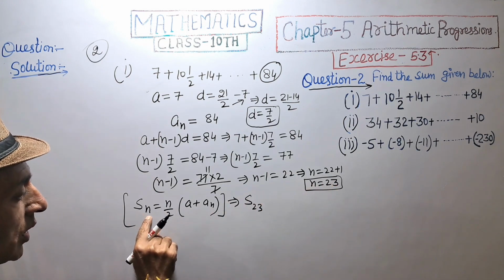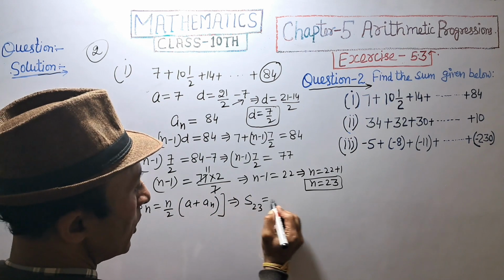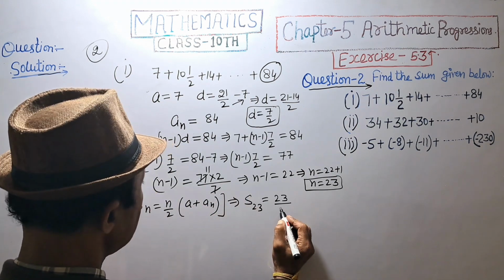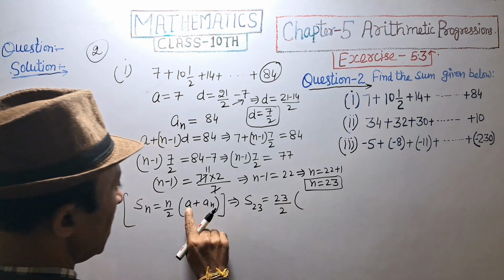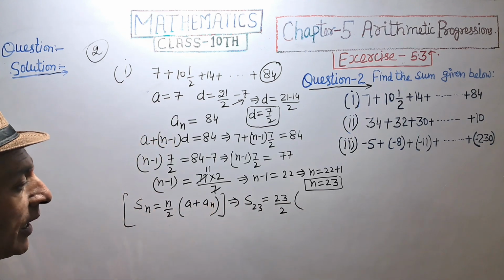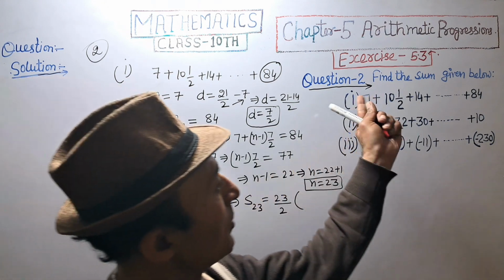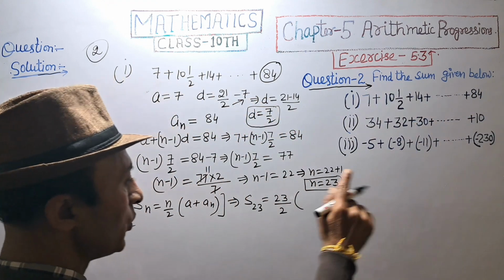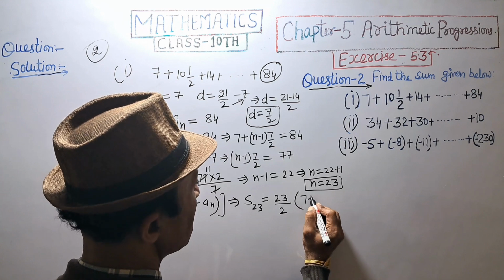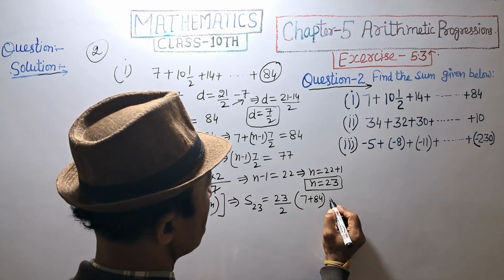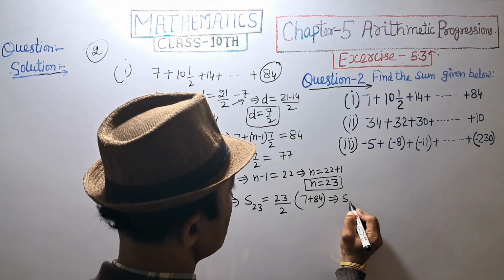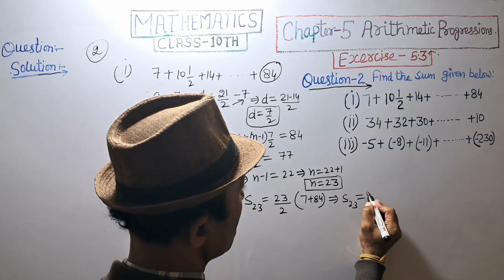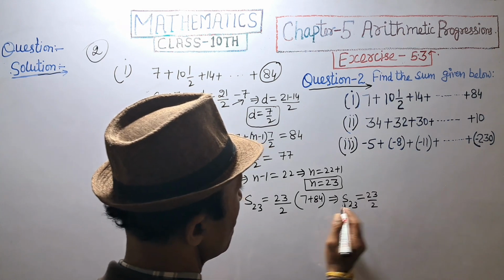So S23 is equal to 23 divided by 2 into (A plus An). A is the first term, that is 7, and An is the last term, that is 84. 7 plus 84.